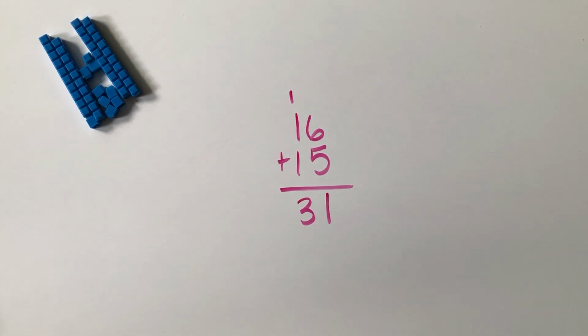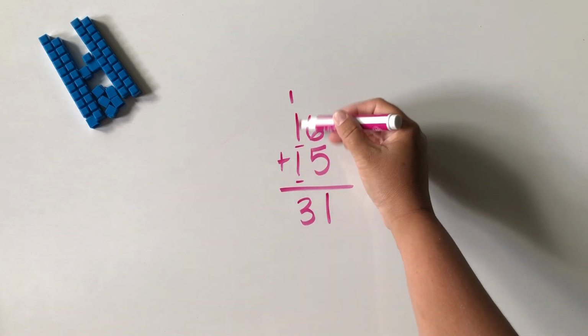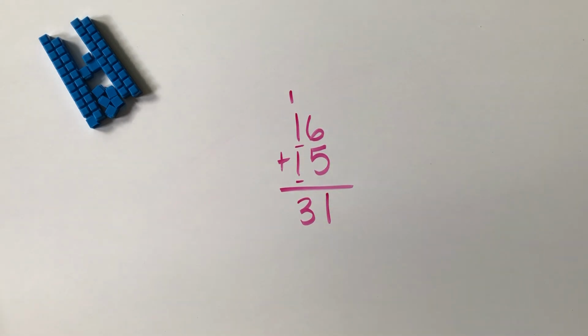When we add from left to right, we actually have a conceptual understanding. We understand what's happening when we regroup. We understand the place value, the value of each digit, not just how it appears, just to be a 1. We understand it as a 10. So that's the advantage of left to right addition.